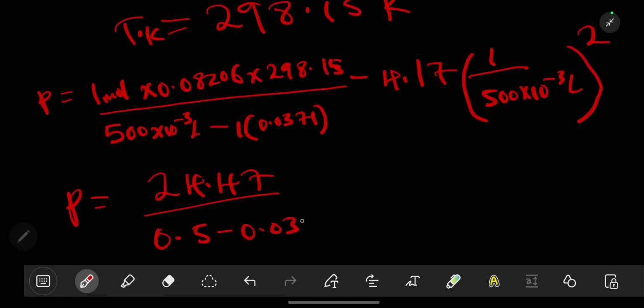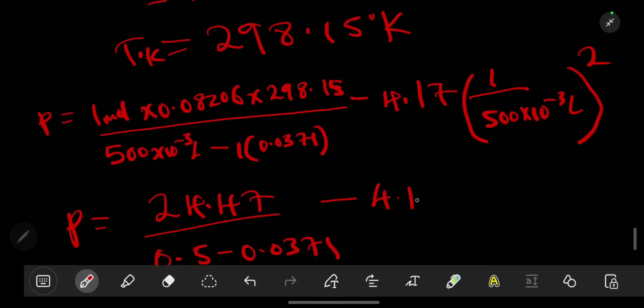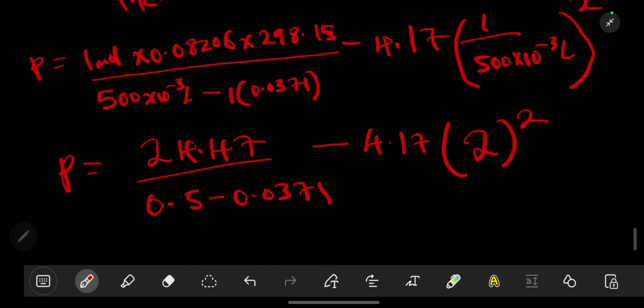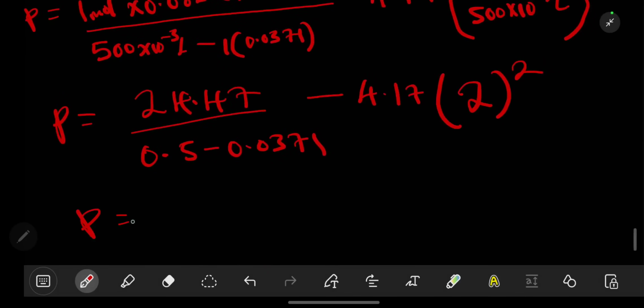Minus 0.0371. Then we have minus 4.17 times 1 divided by 500 times 10 to the power negative 3. That is going to give us 2. So we get a 2 there, and we square it. Final answer, pressure should be equal to 24.47 divided by 0.5 minus 0.0371.